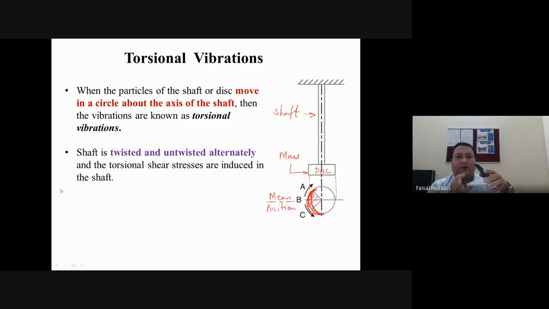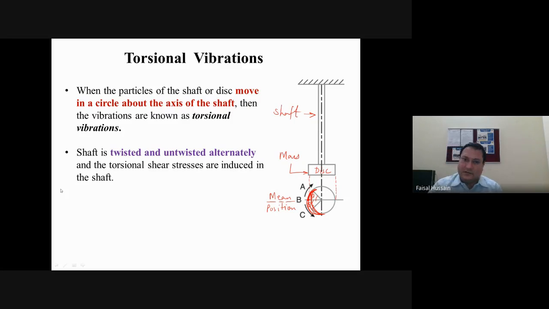We are twisting it, so there will be this twisting and untwisting movement, and this is your shaft. At one position it will twist, at another position it will untwist. This twisting and untwisting movement will cause the torsional vibration. Here the particles of the shaft or disc move in a circle about the axis of the shaft. Similarly, the vibrations which are set up here are known as torsional vibrations.